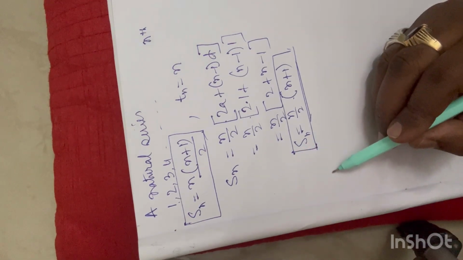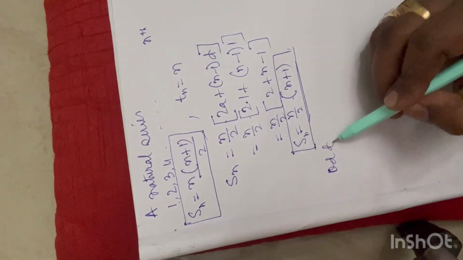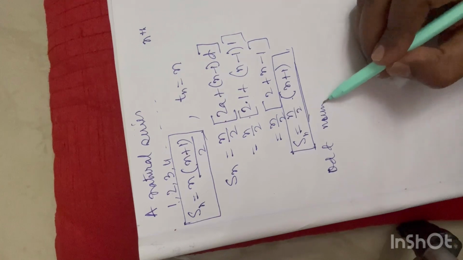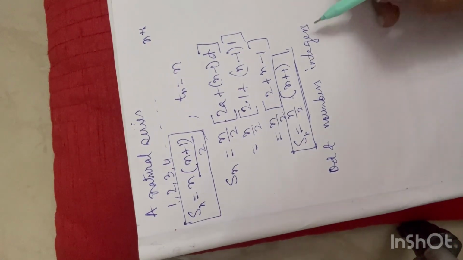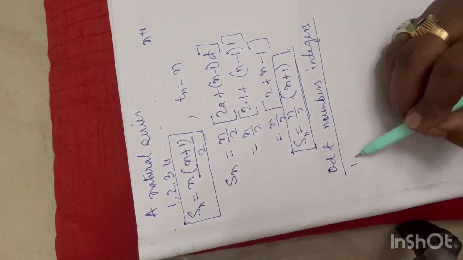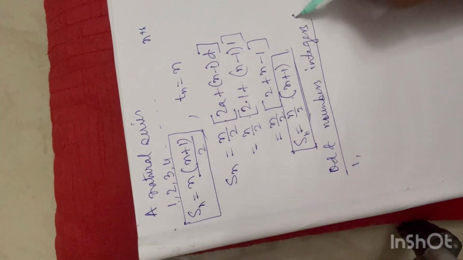The next set of natural numbers would be the odd number series. Now we are talking about odd integers, starting from 1. These are also called positive integers.